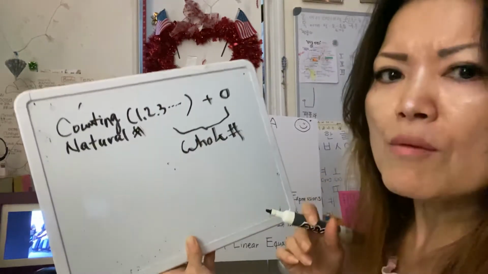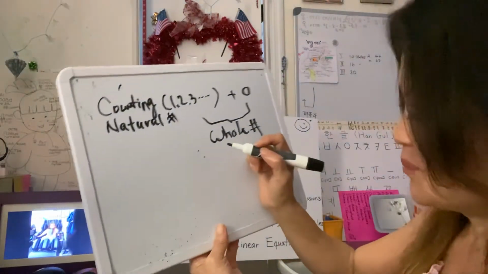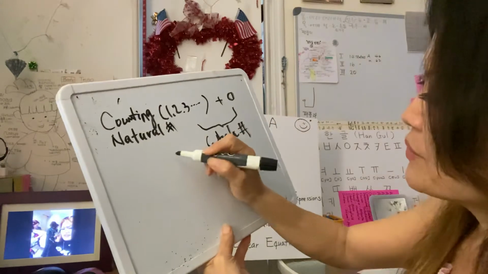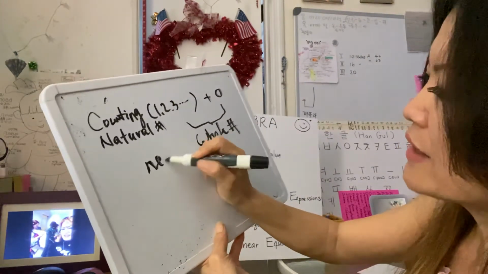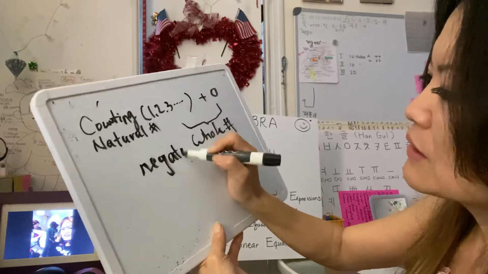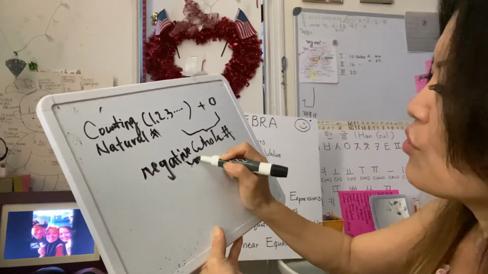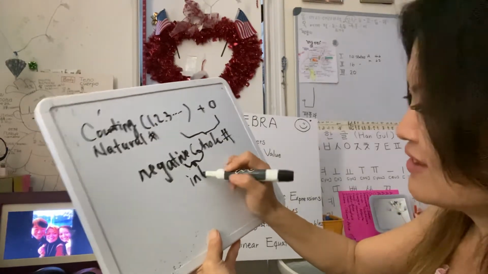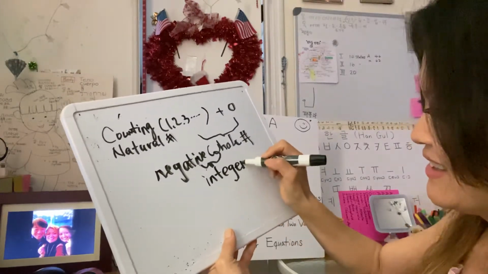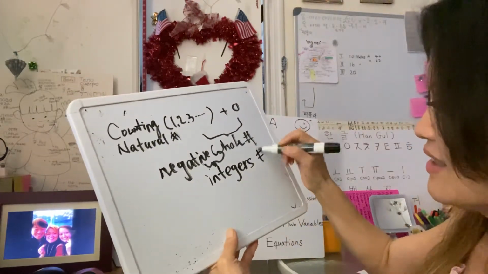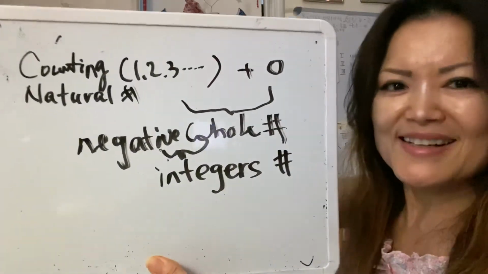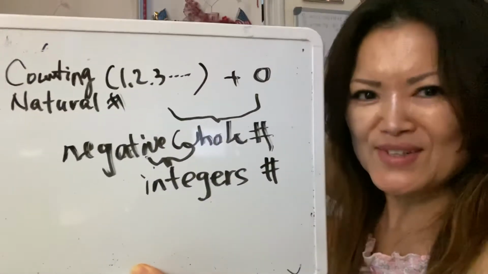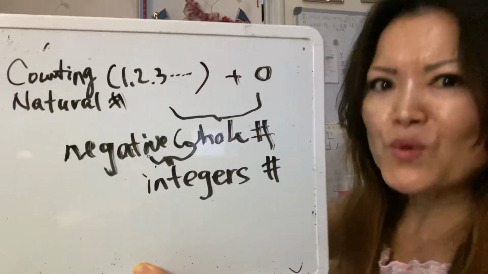Oh, Miss Sonny, how about negatives? Whole numbers together with negatives are called integers. Negative, positive, and 0.